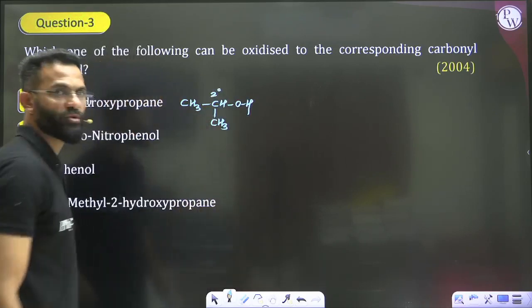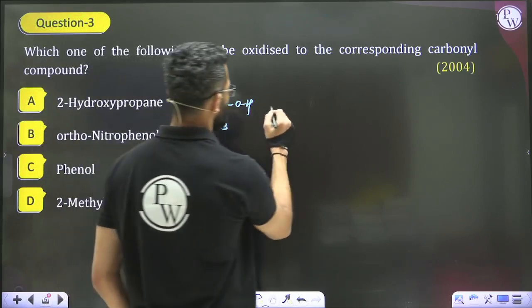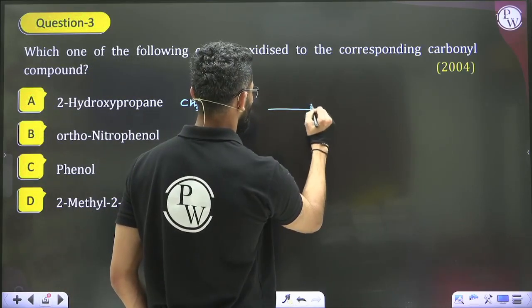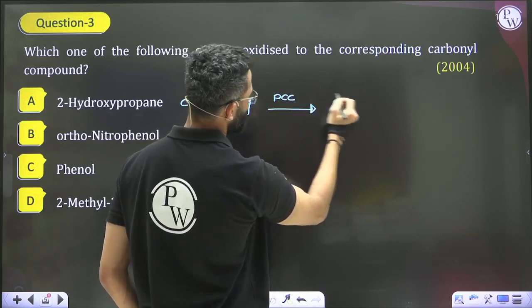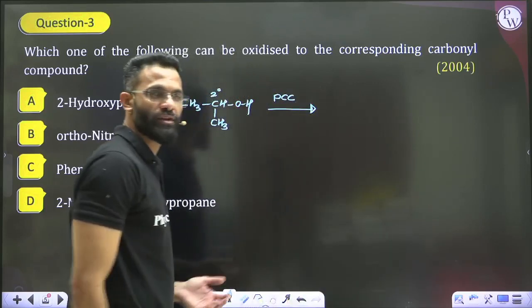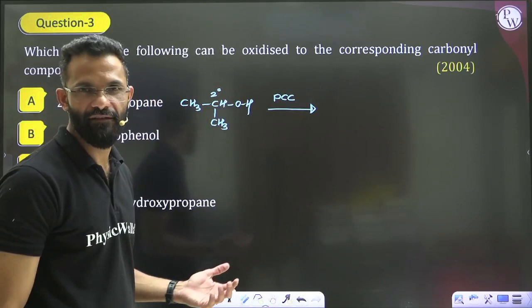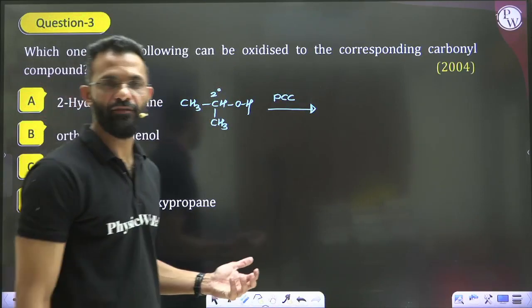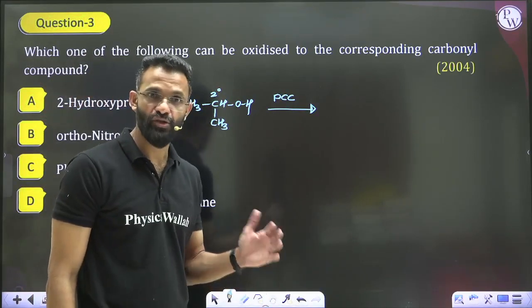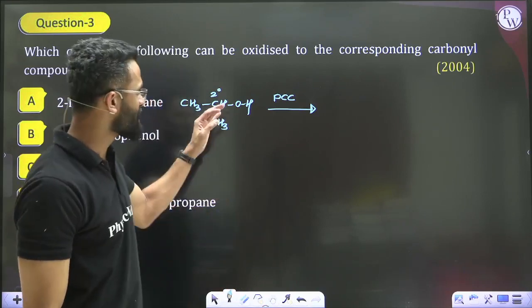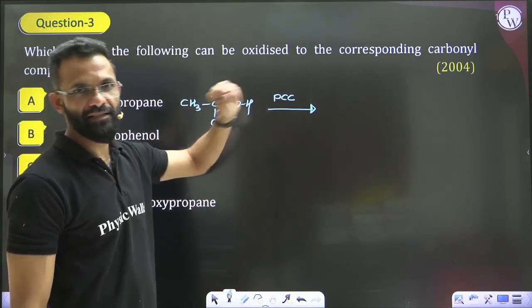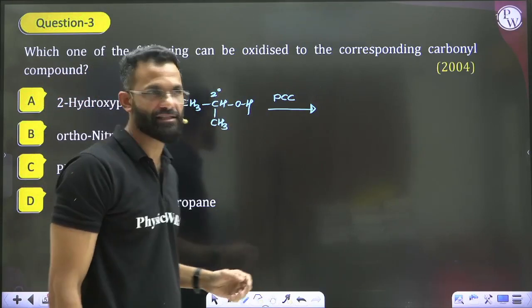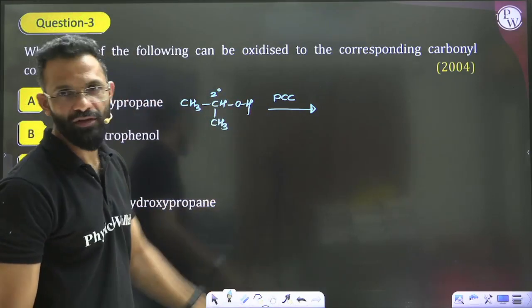So this is 2-propanol. Imagine if this 2-propanol is treated with oxidizing agents such as PCC, PDC, Collins reagent, or copper at 573 K, or probably even if you take Jones reagent, that is a strong reagent. But since the alcohol is secondary, if you oxidize it with all the mild oxidizing agents and several strong oxidizing agents, then secondary alcohol upon oxidation gives you ketone.